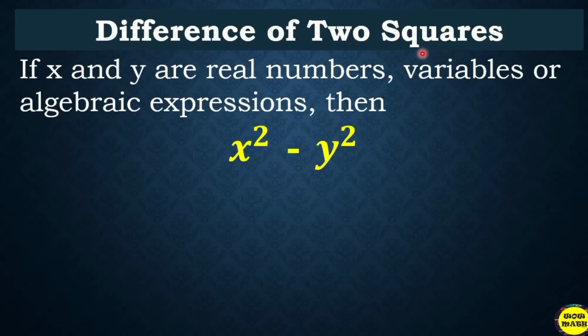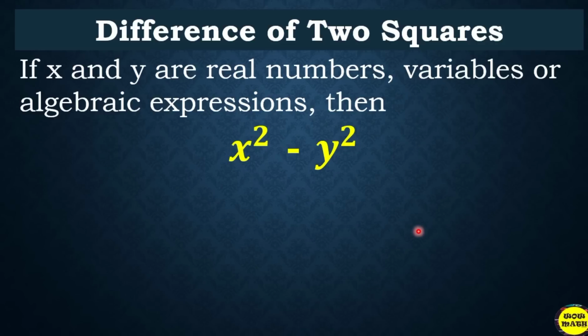Anong ibig sabihin nito? Difference of two squares siya, kasi the operation is minus. And then, two squares, so ibig sabihin, binomial ito. Okay? Kasi dalawa lang.